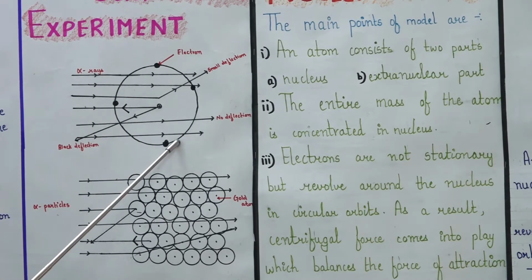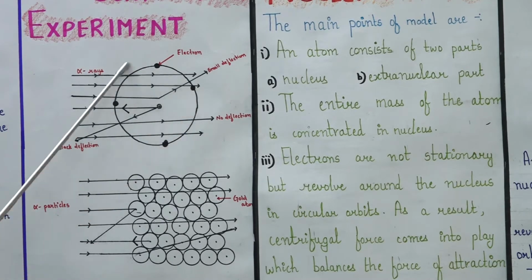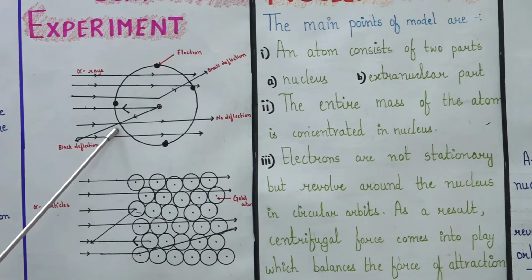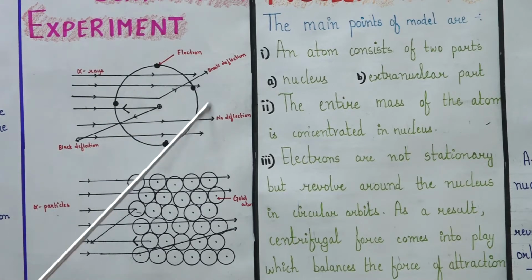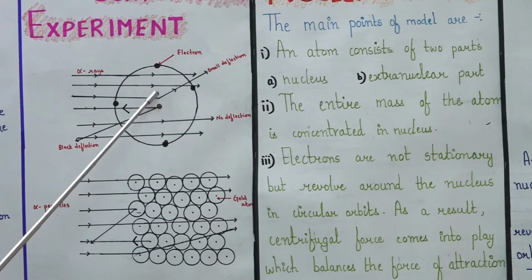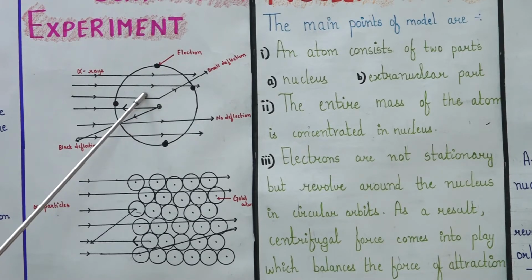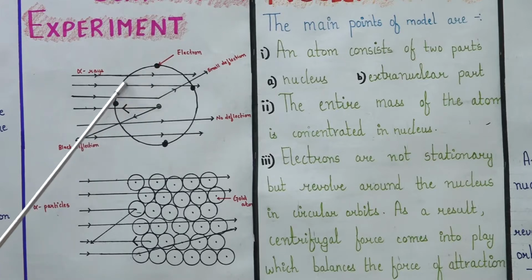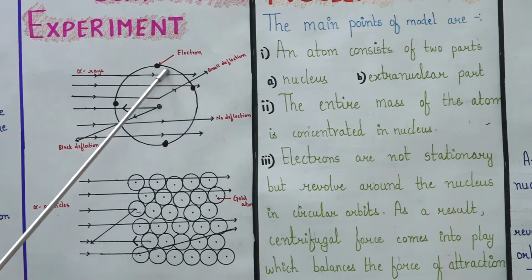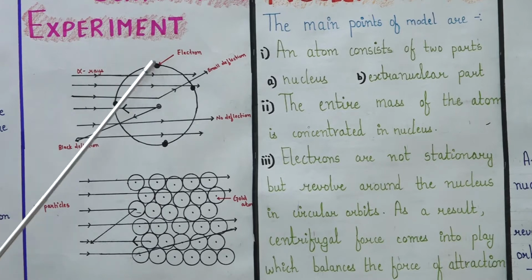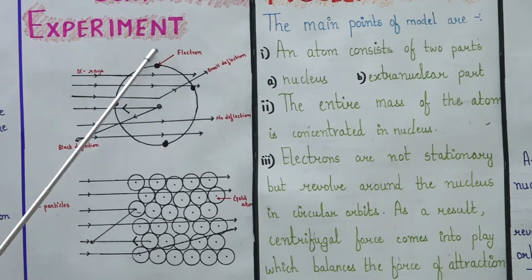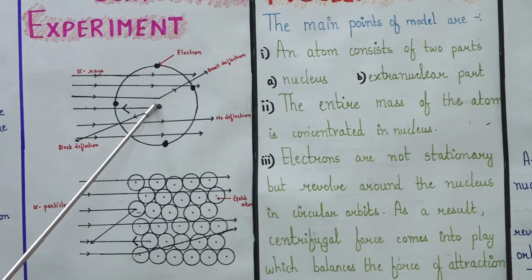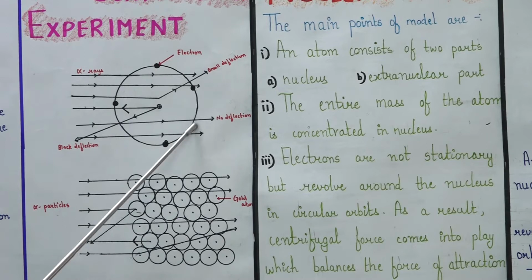But despite all these valuable observations and conclusions, there was one drawback of Rutherford's model of atom which he was unable to explain. Rutherford's model could not explain the stability of the atom. This is because, according to Rutherford's model, an atom consists of a small, heavy, positively charged nucleus in the center, and the electrons were revolving around it.